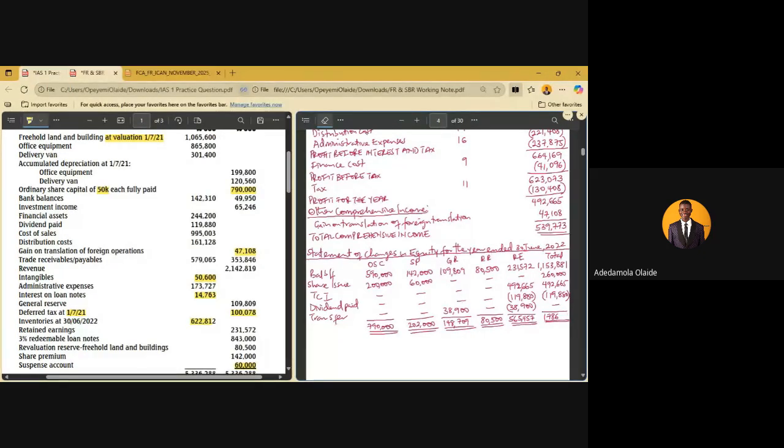Okay. Yes. Have you tried it in both ways? I mean, taking the total of each of these columns and also taking the total of the total column.